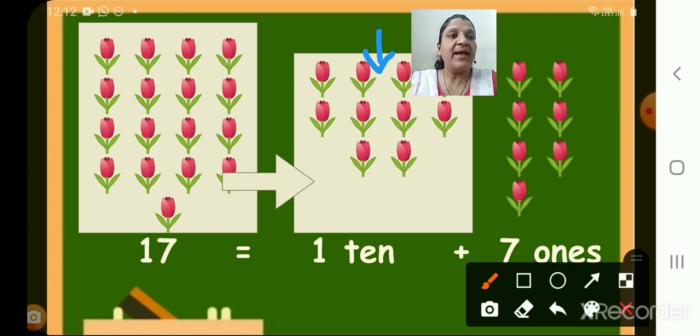And remaining 7 flowers are loose. We call them as 7 ones. So we read and write it as 17 equals 1 ten plus 7 ones. Thus, in number 17, we find number 1 at tens place and number 7 at ones place. Let's take one more example.